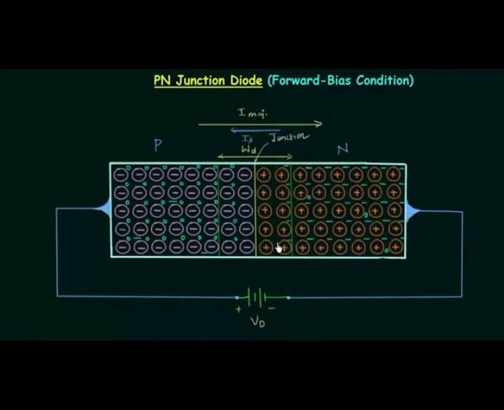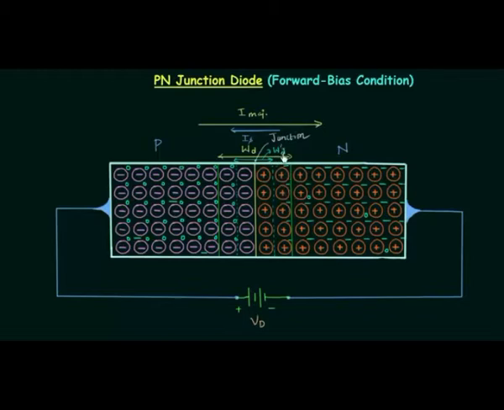And as you already know, in depletion layer we do not have mobile charge carriers, but we have immobile ions. So the width of depletion layer will reduce, and we have a new depletion region, and this is the new width, and I will call it WD prime.